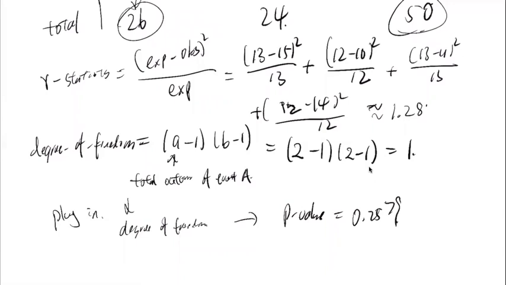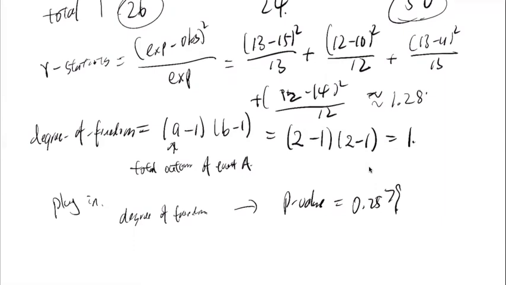So what can you conclude? Since we're calculating the p-value, we don't need alpha here. We need our statistic and degree of freedom, which give the p-value of 0.2578.